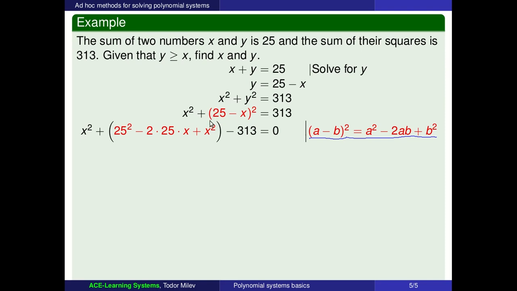So that formula can be used to uncover the parentheses here. So 25 minus x, the whole thing squared, equals 25 squared minus 2 times 25 times x plus x squared. Here 25 plays the role of the number a, and x plays the role of the number b.